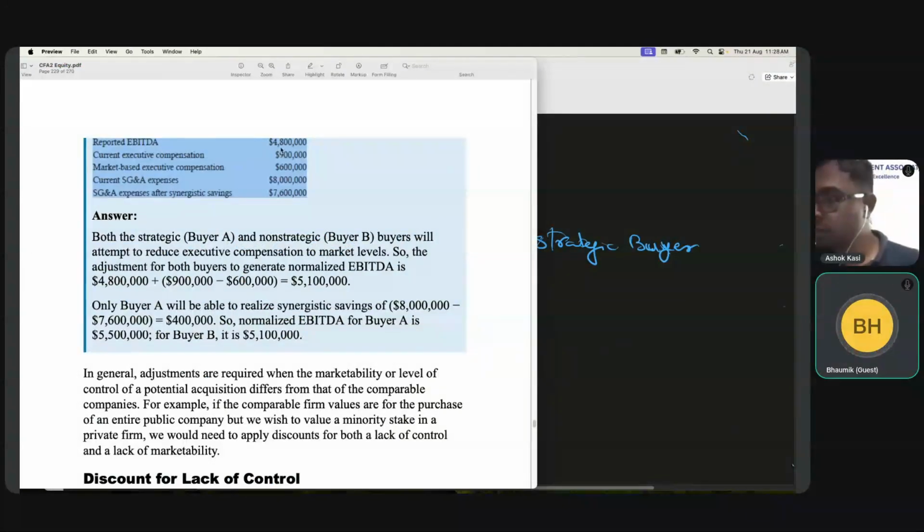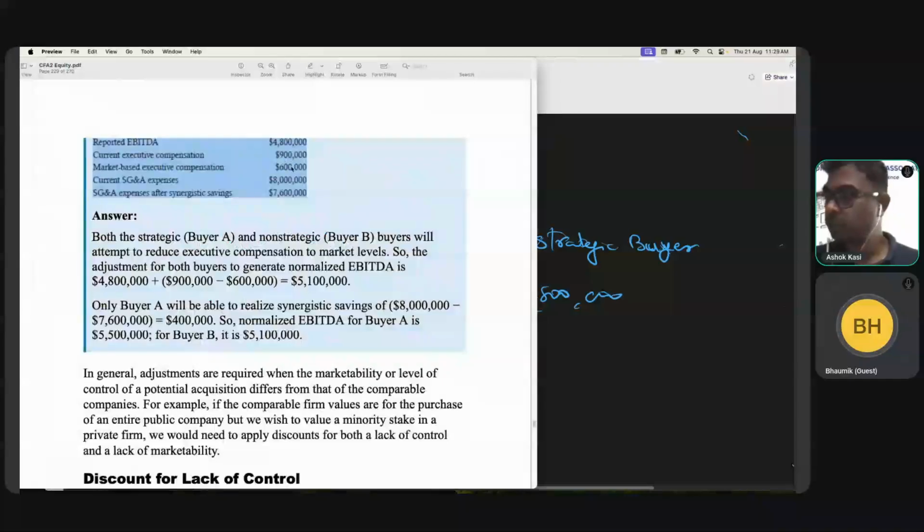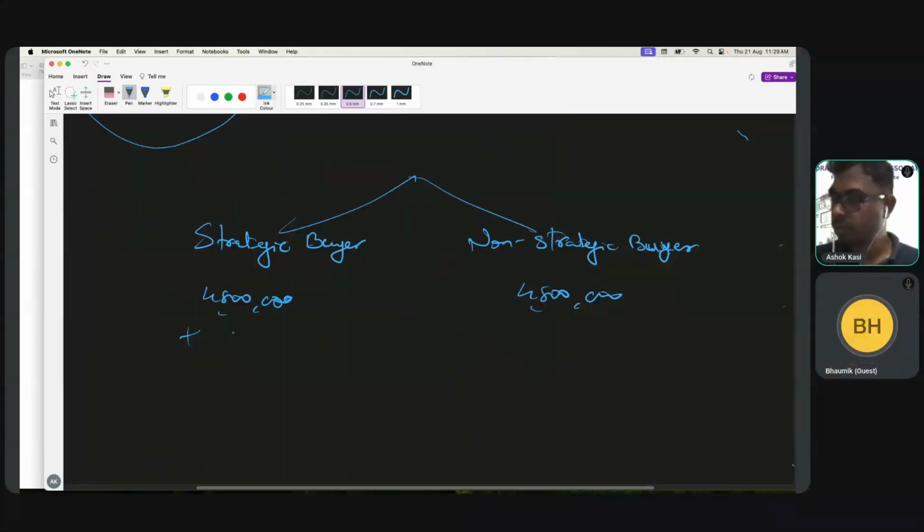So reported EBITDA 404.8 million, current executive compensation 900, but market-based compensation 600. So they both will get, this is 4800, this is also 4800. They both will get an extra 300 because they will reduce the compensation to the market-based one.